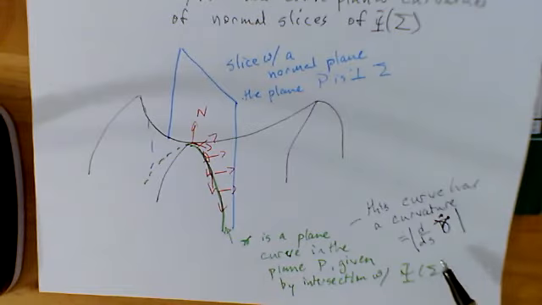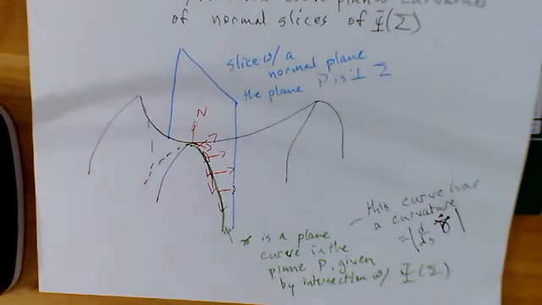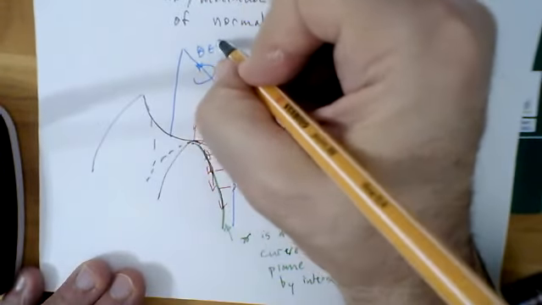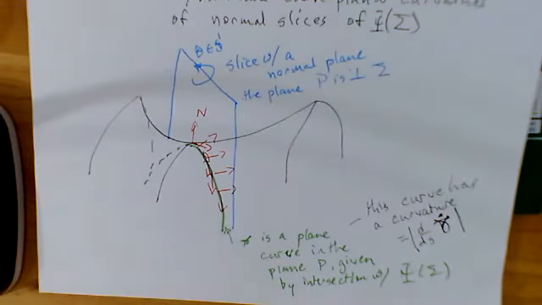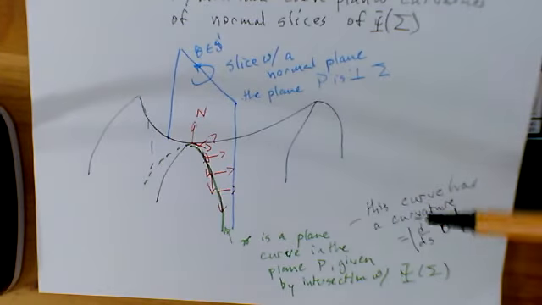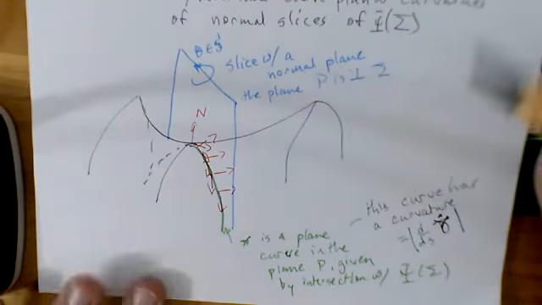And as I have, of course, a whole S1's worth of directions in which I can take these normal slices, now I can minimize and maximize the curvature with respect to this angle theta.